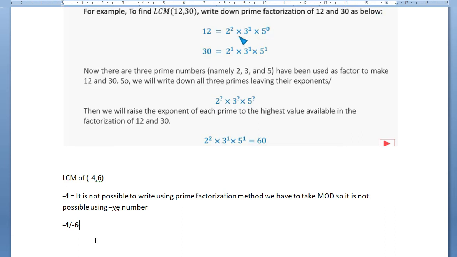So until and unless you take the mod of the negative numbers, you can't determine the LCM of them using the universal method to determine the LCM.